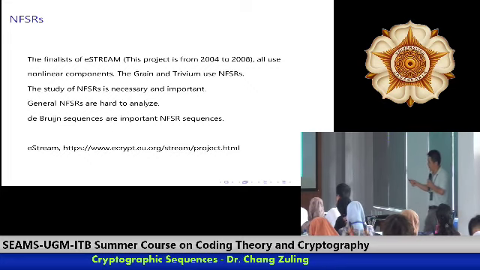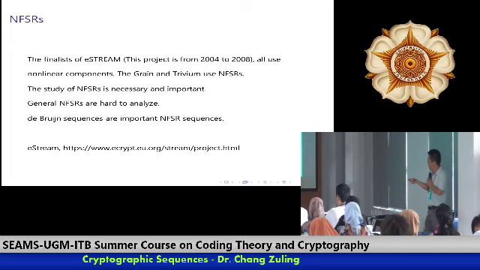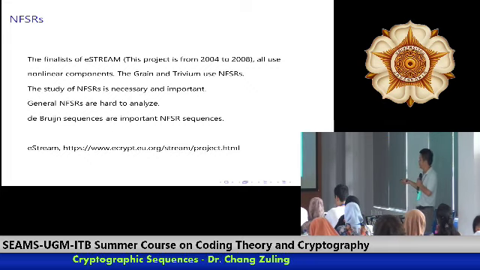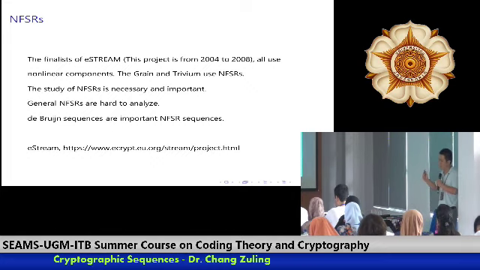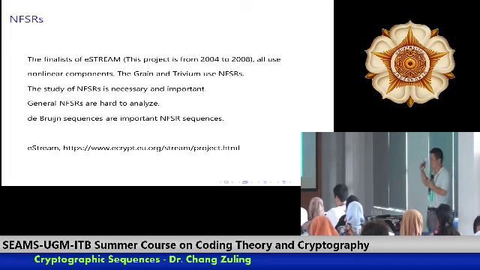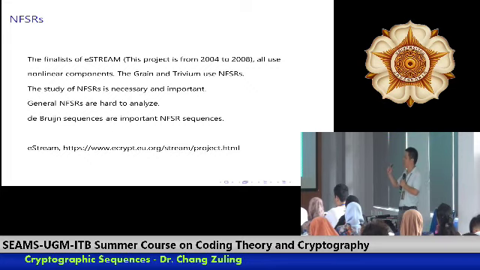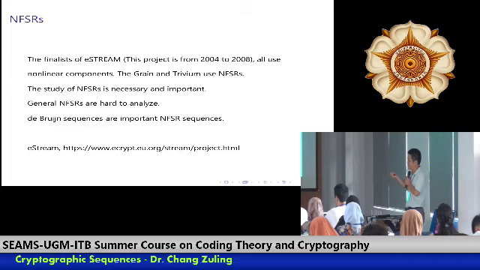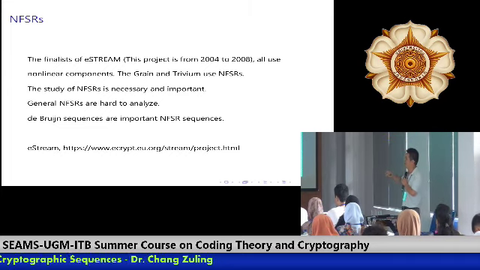At least I mainly studied the properties of the de Bruijn sequence, mainly the constructing method, how to generate the de Bruijn sequence frequently, very fast, and more.